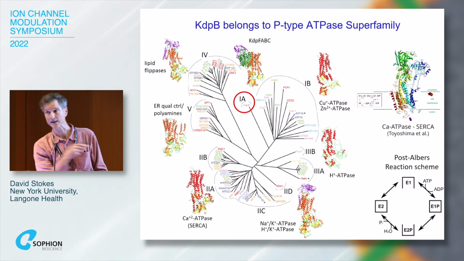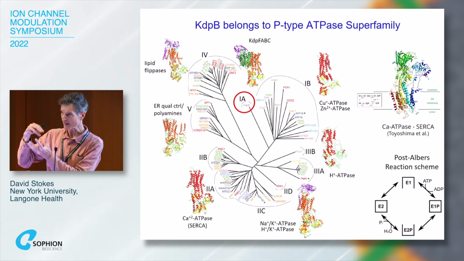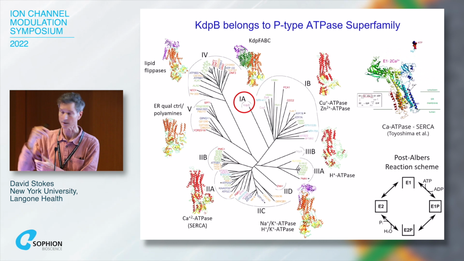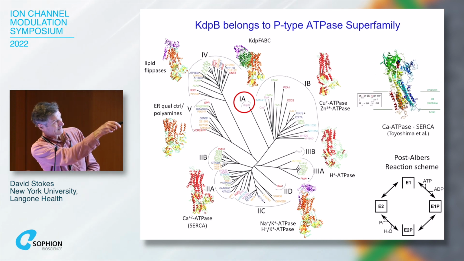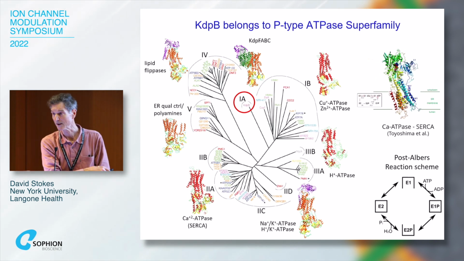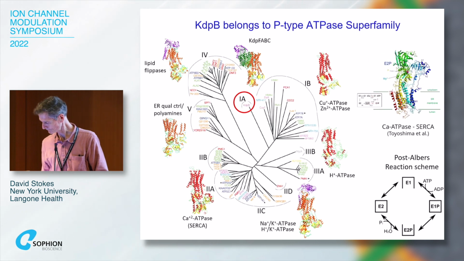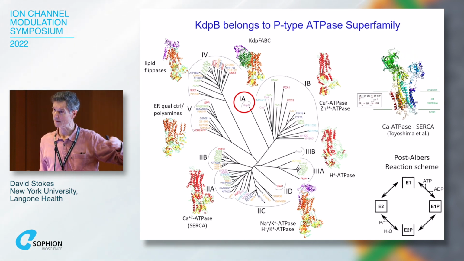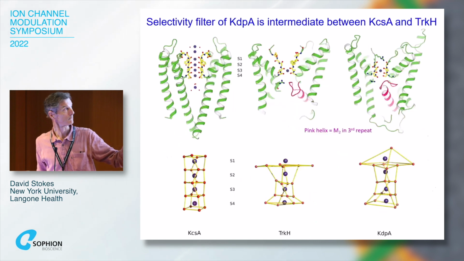This is a catalytic covalent phosphoenzyme formed on an aspartic acid residue in the catalytic site, right at the intersection between these three main cytoplasmic domains. So we expect KdpB to do that, and we expect KdpA to do that.